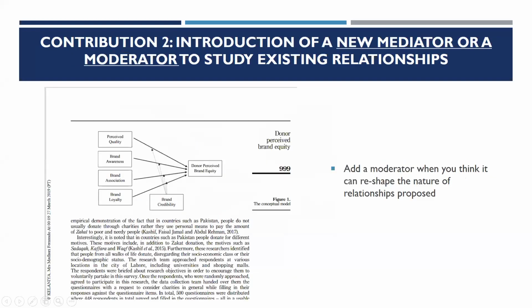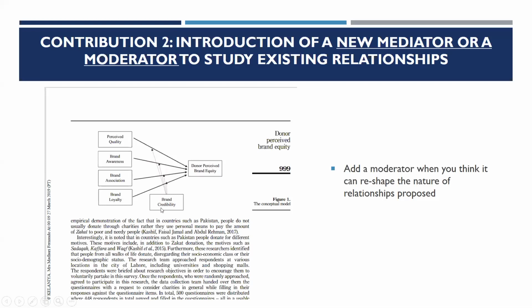At the same level, you can add a moderator when you think that it can reshape the relationship. For example, this paper was published in the Asia Pacific Journal of Marketing and Logistics, probably in 2018-19. The idea was that perceived quality is very high, brand awareness is high, association is high, but still donors don't give their donations to the organizations.